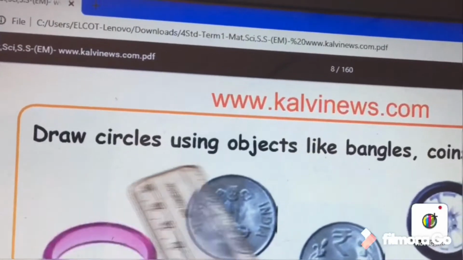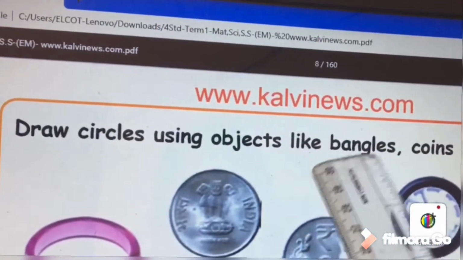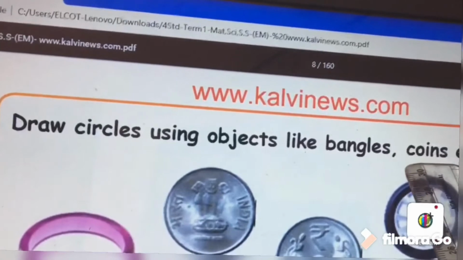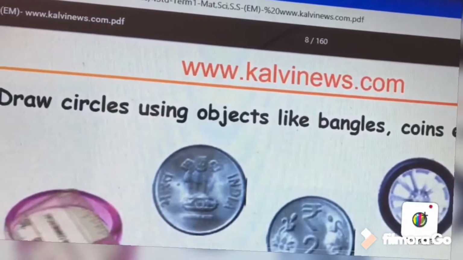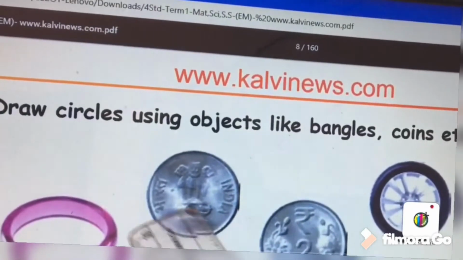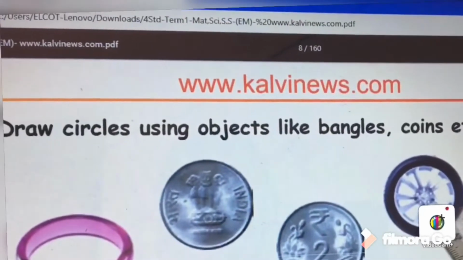Then we learned how to draw a circle using bangles or coins, and you can use a CD too.